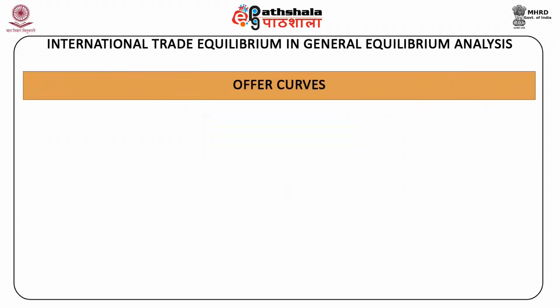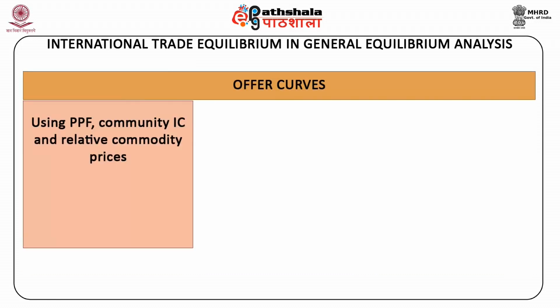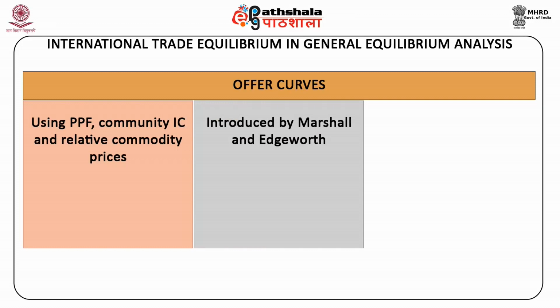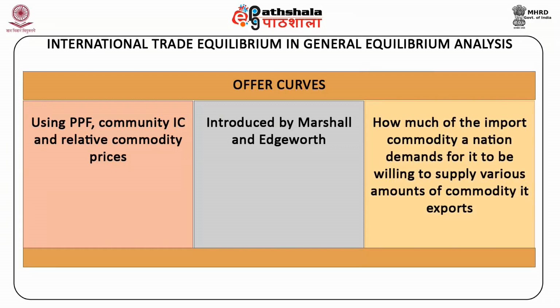The offer curves are derived using the production possibilities frontier, community indifference curve, and relative commodity prices. The offer curves were introduced by Marshall and Edgeworth in the field of international economics. The offer curve of a nation indicates how much of the import commodity a nation demands for it to be willing to supply various amounts of commodity it exports.